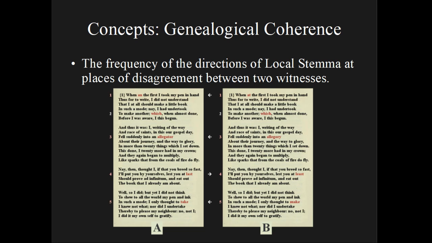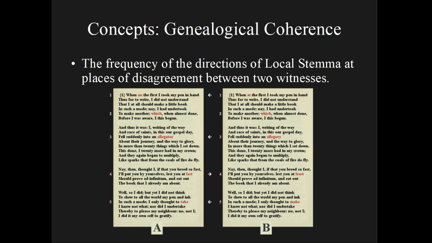We're seeing how often the change is in one direction or in the other direction. And we're just counting those up and seeing what percentage of changes go from one to the other. So in this case, from A to B or from B to A for any given text witness, or really we should just say, go ahead and say manuscript tradition.